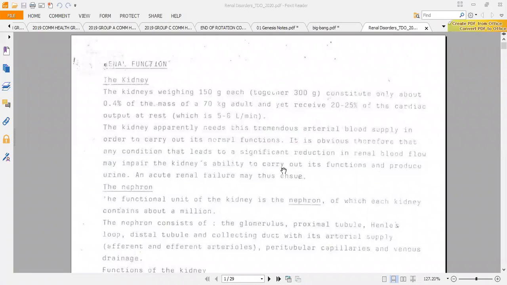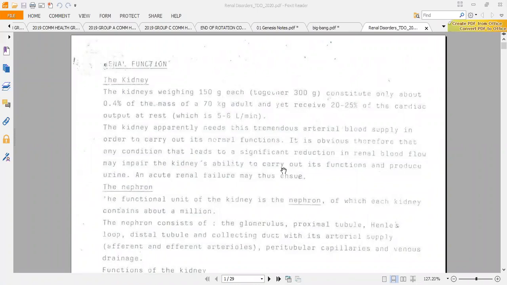The glomerulus is responsible for ultrafiltration. Then the proximal convoluted tubule is responsible for reabsorption of most of the filtered electrolytes, as well as most of the filtered nutrients.